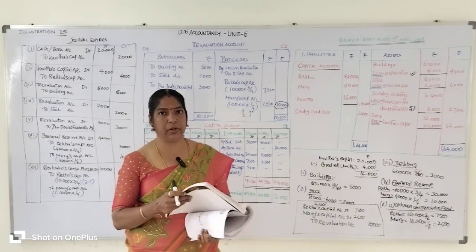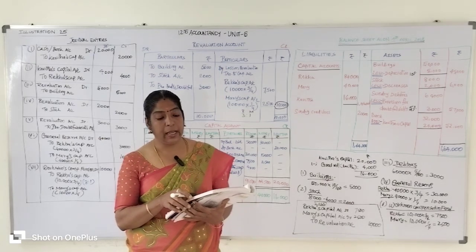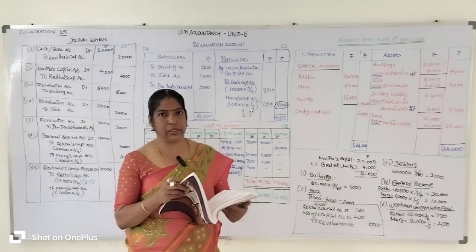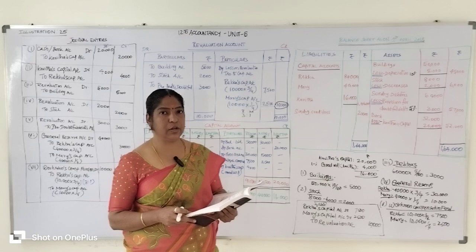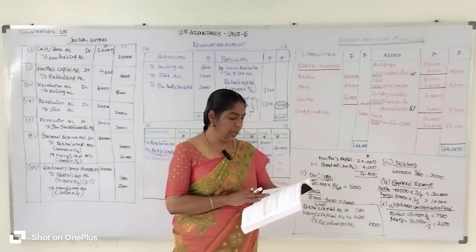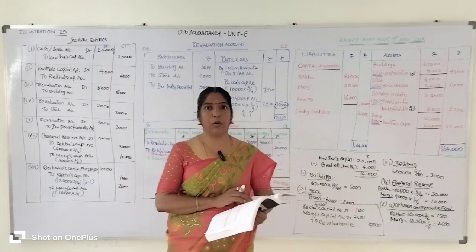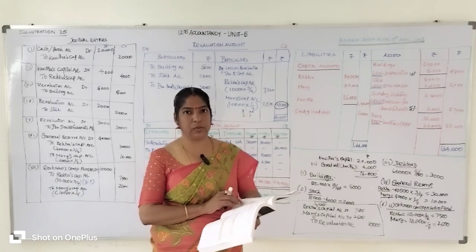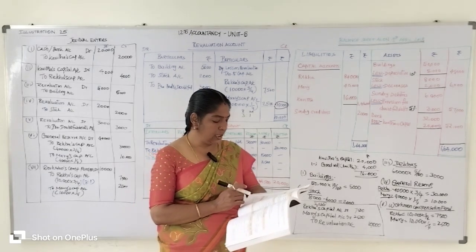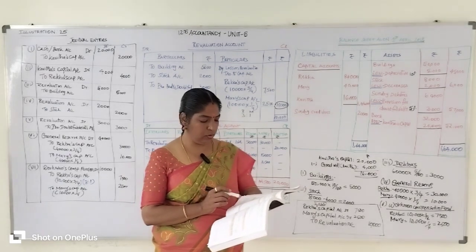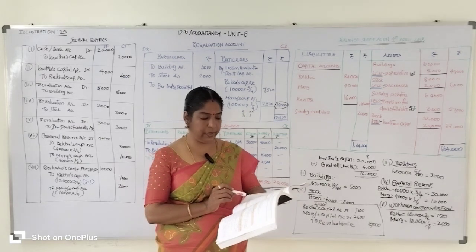Listen here, from the given information we are going to prepare ledger account and balance sheet. Ledger account means what? Revaluation account and balance sheet. First we are going to identify the given items in the box from the question. Capital account goes to capital account and general reserve goes to capital account.